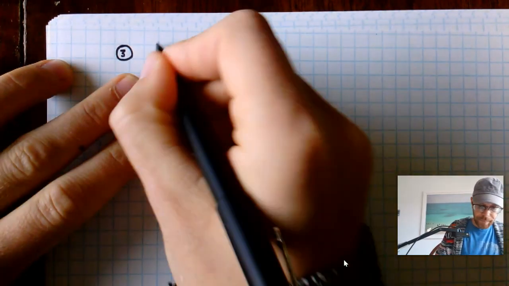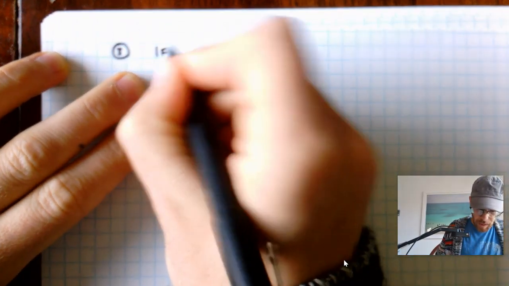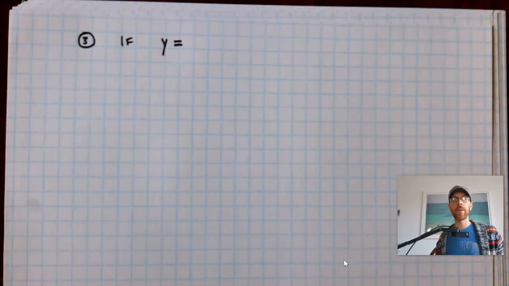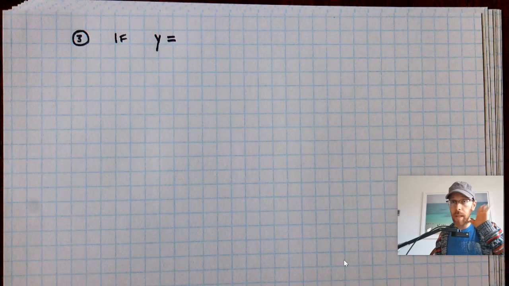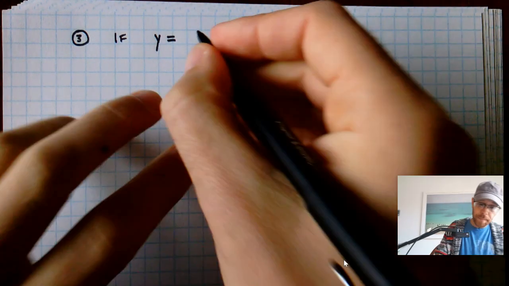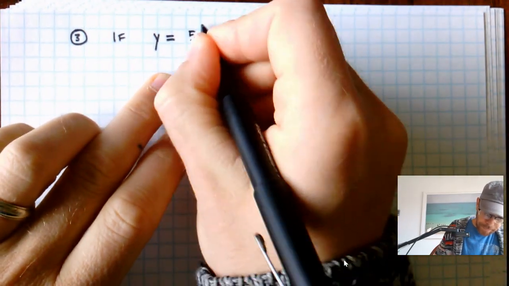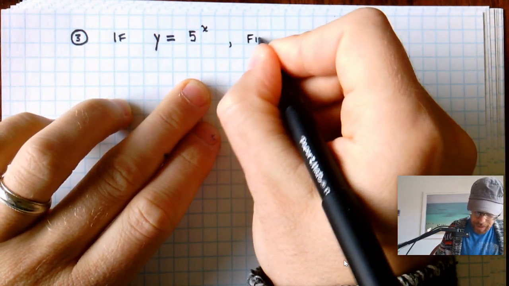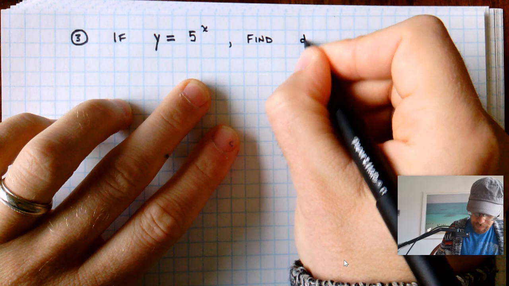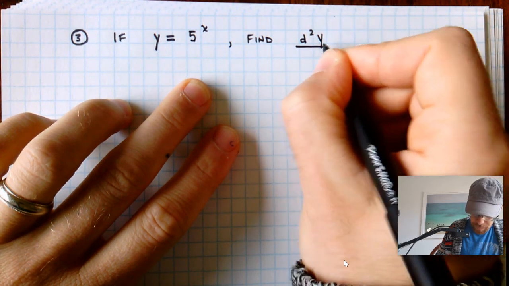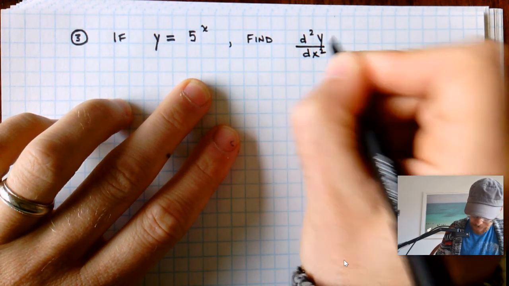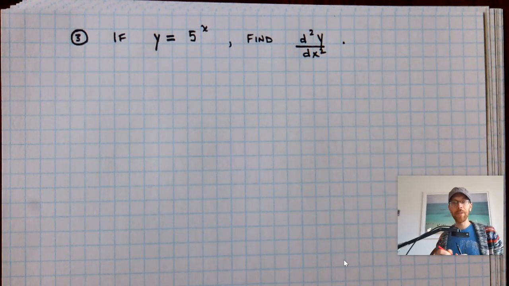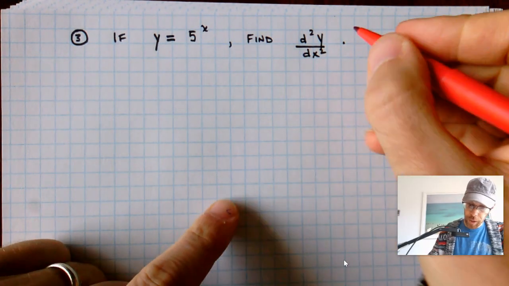Example 3. If y is equal to, give me one of your favorite numbers. What was that? 5, all right. 5 to the x. I want you to find this. Now, I apologize that I haven't spent very much time talking about this notation.